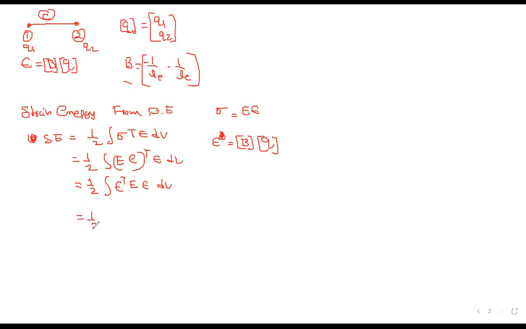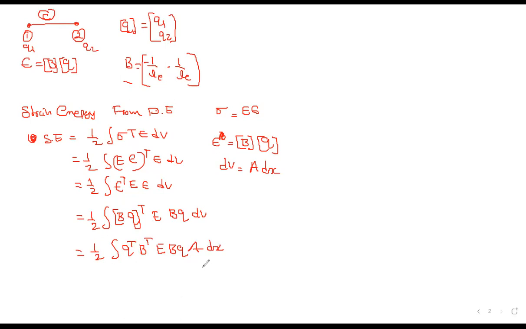If you substitute that, it can be written as half times the integral of B Q transpose times Young's modulus times B Q dV, where dV is equal to the area times dx. Substituting that in the above equation, this can be written as half times the integral of Q transpose B transpose Young's modulus E B Q, where dV is replaced by area times dx.